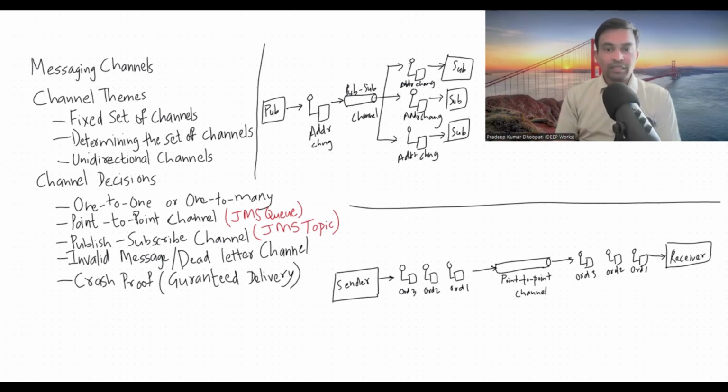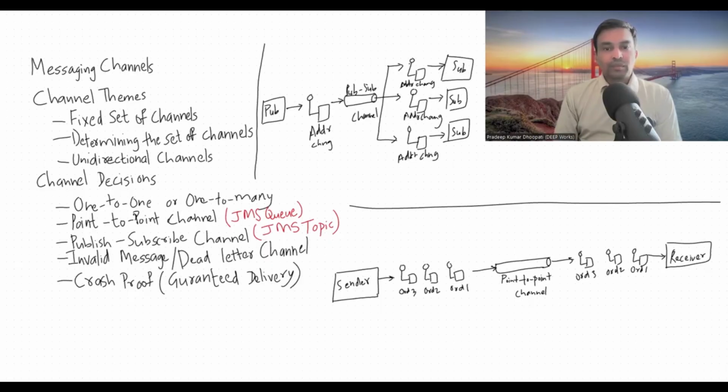Is it the application team or the owner of the messaging system, or the messaging systems team? The first theme for creating these channels is the number of channels, or the fixed set of channels.